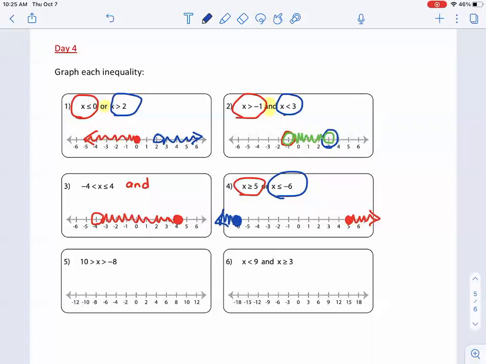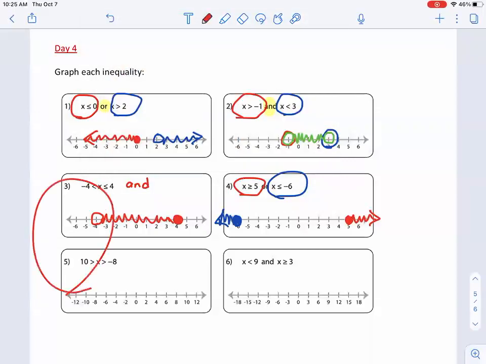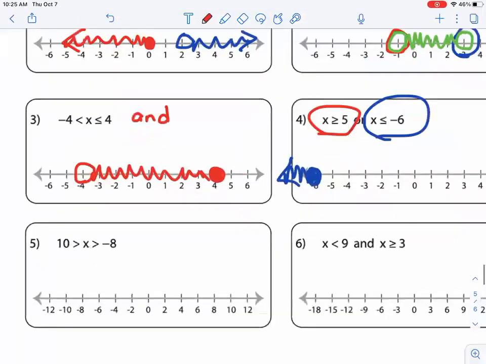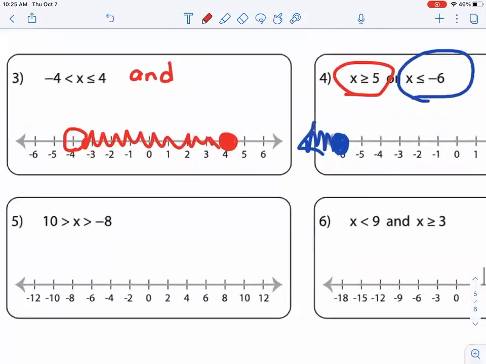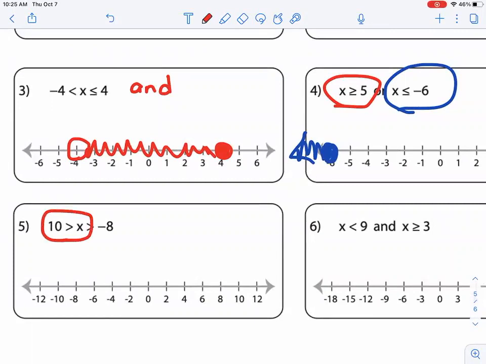All right, here we go, guys. Problem number 5. So this problem is a lot like problem number 3. So it's an AND statement. I want to shade stuff that is less than 10. So I have an open circle at 10. And I'm going to shade stuff less than 10. So I'll erase that part in a minute because I need the overlapping area, right?